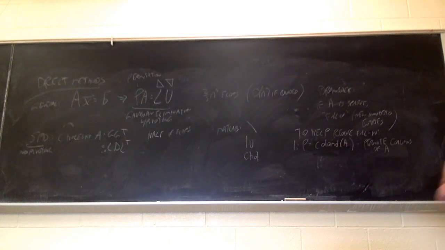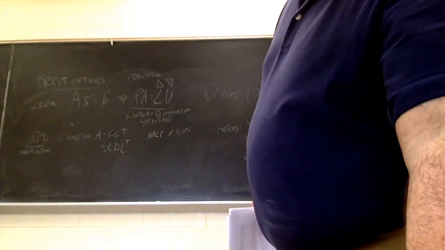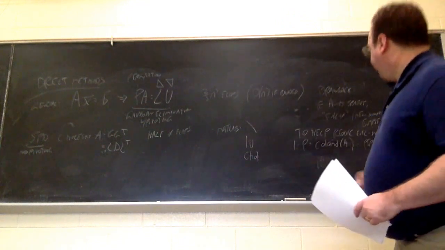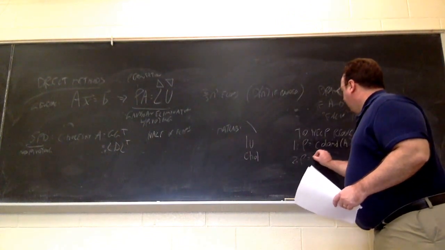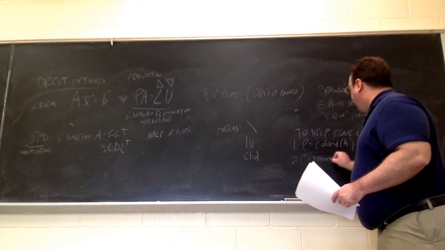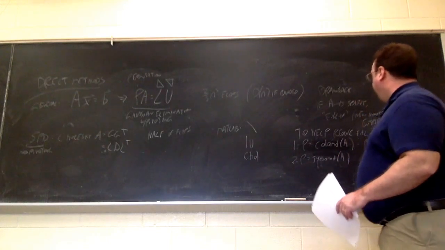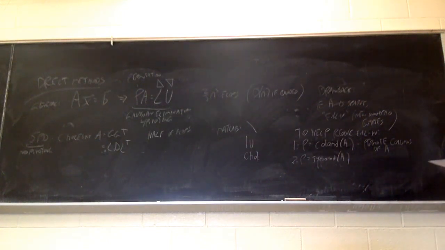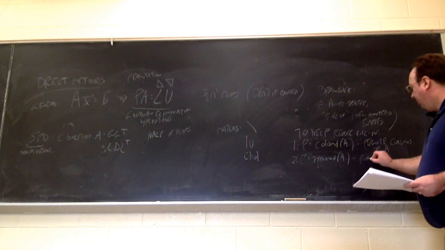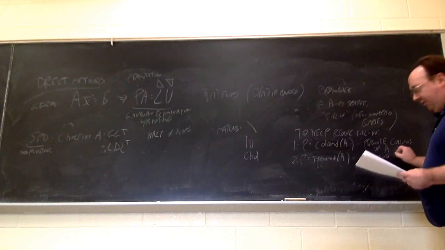So that's for general matrices. And then the second function, for symmetric matrices, is SYMAMD, symmetric approximate minimum degree, which permutes rows and columns.